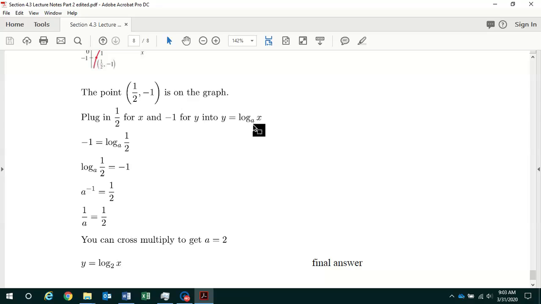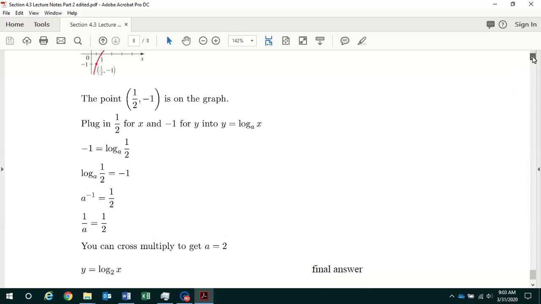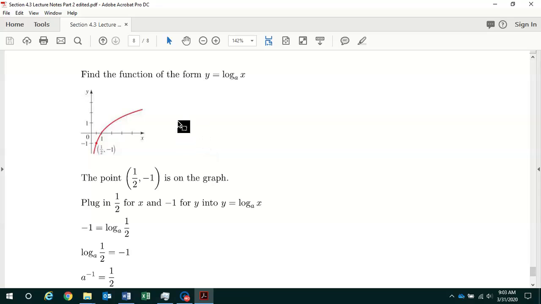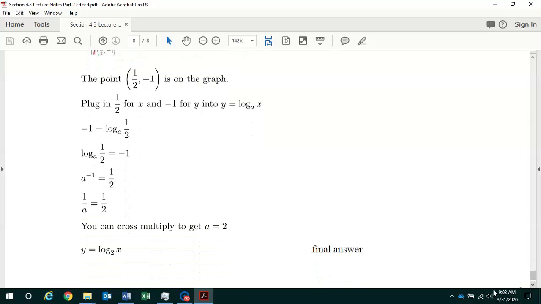So we replace a up here with 2, and the answer to our question, this is a graph of what function or equation? Logarithmic equation. It's y equals log base 2 of x. So this graph up here is the graph of the equation y is equal to log base 2 of x. And so this is our final answer down here.